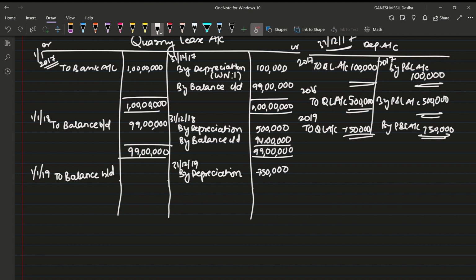So 94 lakhs minus 7 lakh 50,000 is 86 lakhs 50,000.